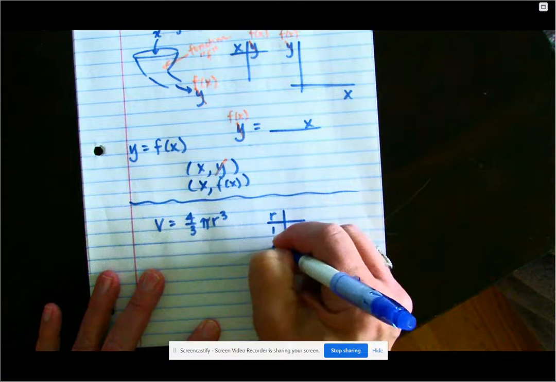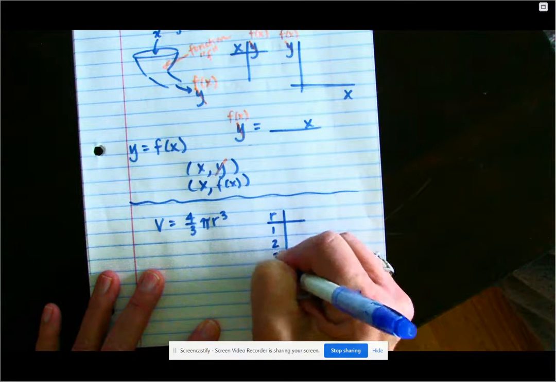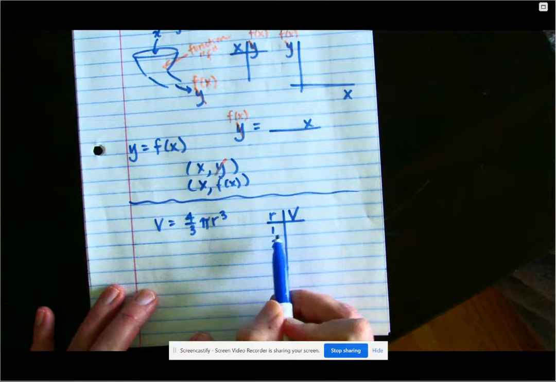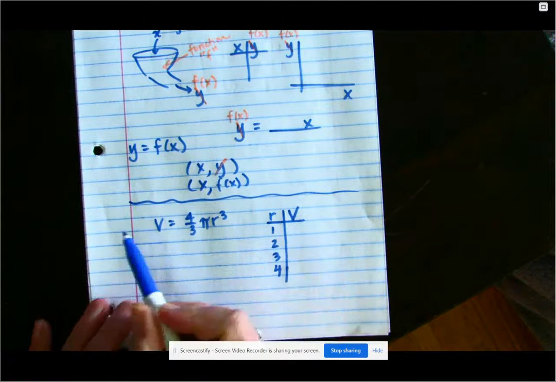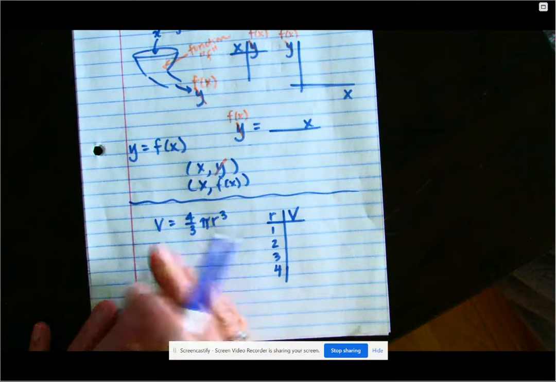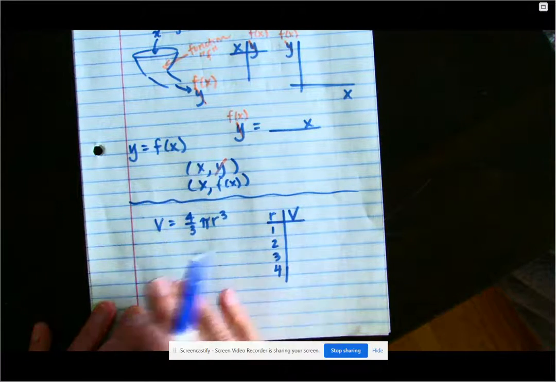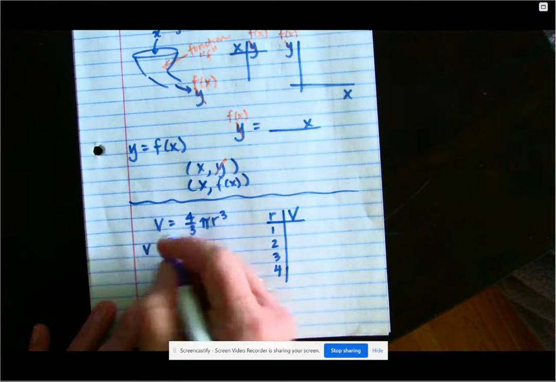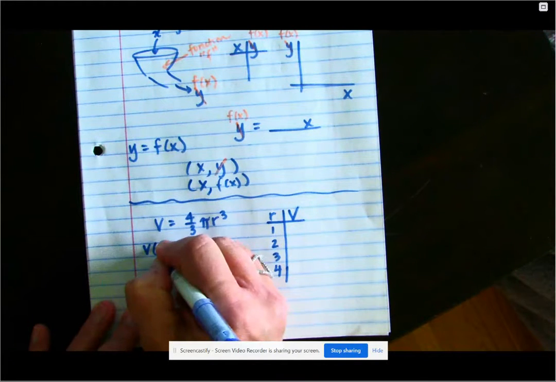What if the radius is 2? 3? 4? What would the volume be? This is your input, this is your output. Function notation allows you to see all of it in equation form, like the volume is a function of the radius.